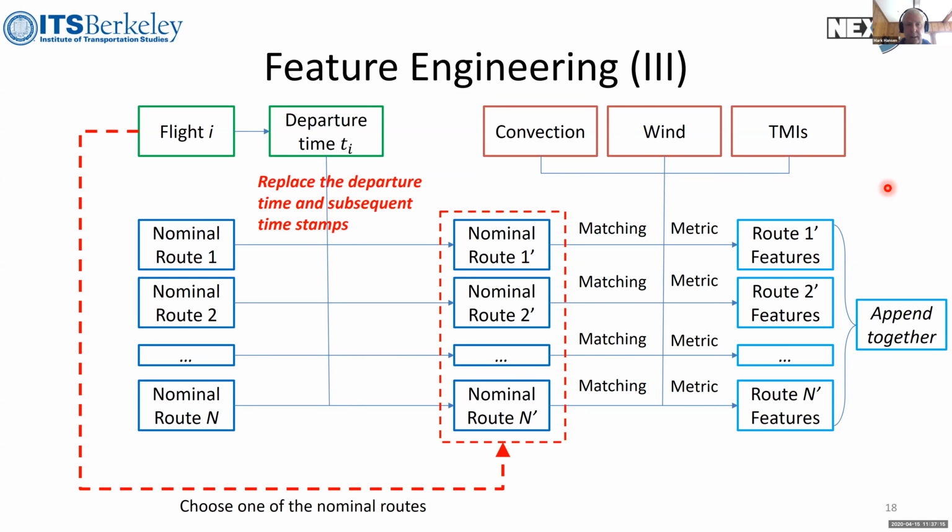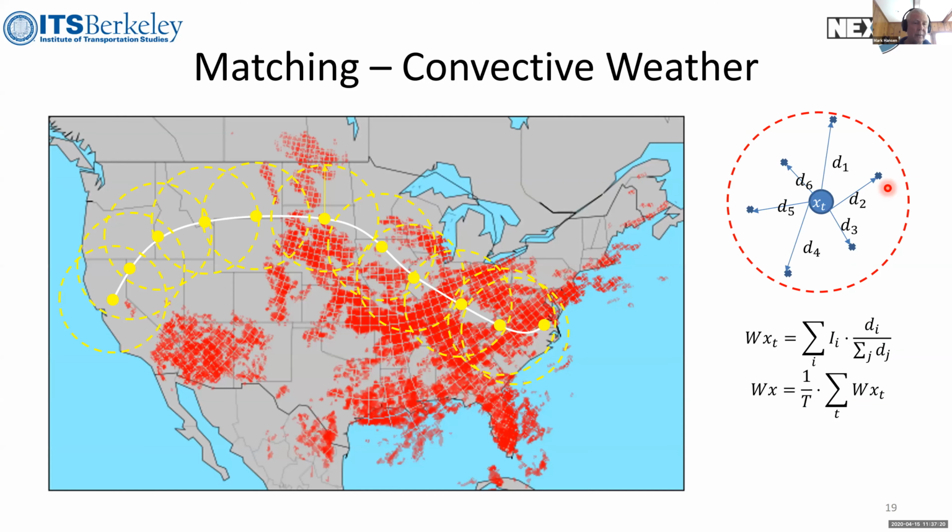So that's the basic strategy there. And so there's a matching involved. So this is the matching for convective weather. I won't get into details here, but we're basically coming up with a metric to capture the exposure of a particular nominal route at a particular time to convective weather based on the proximity of that weather to the route.